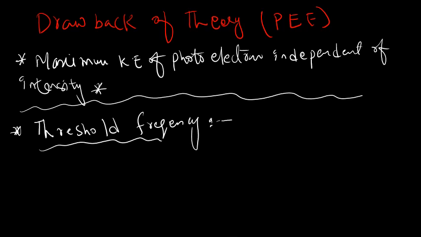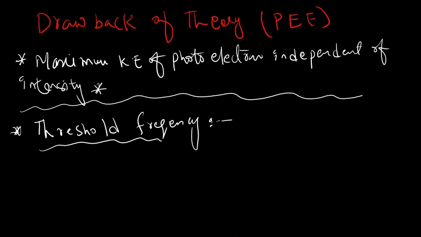But this doesn't happen. The photoelectric effect starts only at a specific frequency, which is called the threshold frequency. So this is the second drawback of the wave theory.